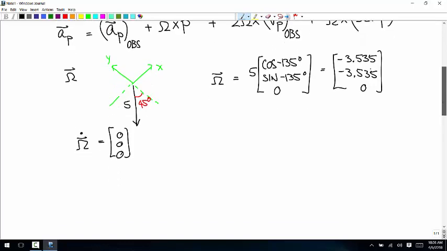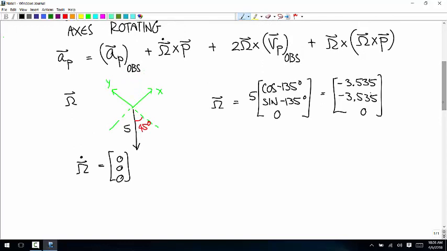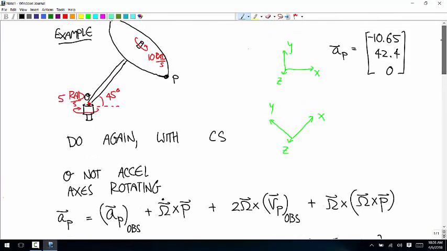And how about the position vector? Well, now in this coordinate system, the position vector is easier. This length is 1, the radius of that is 0.6.